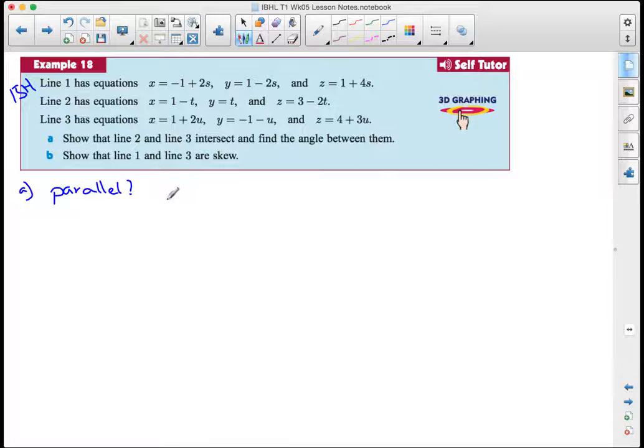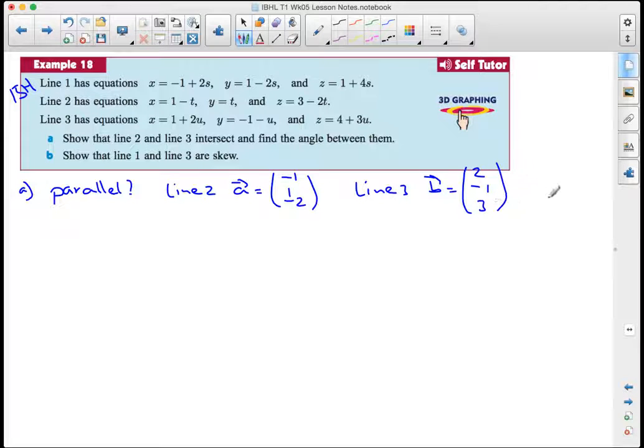The direction vector of line 2, let's call it A, is (-1, 1, -2). And the direction vector of line 3, let's call that one B, is (2, -1, 3).